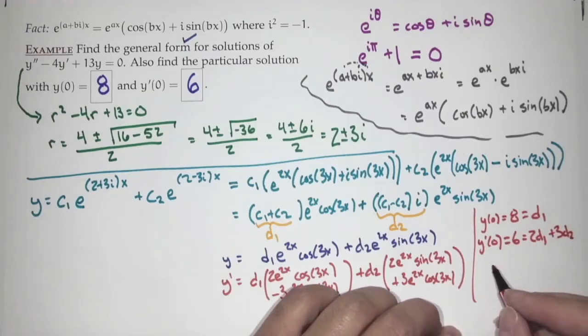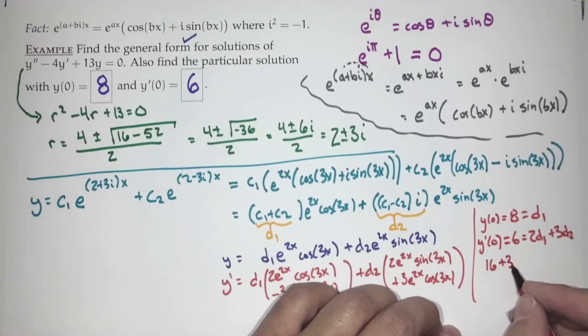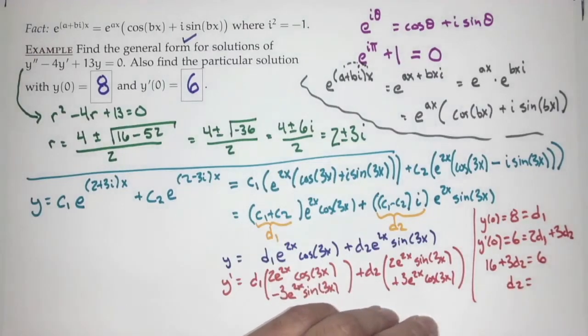Okay, for d2, well, we know d1. So we can say, for instance, 16, which is 2 times 8, plus 3 times d2 equals 6. So what does d2 equal? Yeah, subtract 16, divide by 3, negative 10 over 3. Negative 10 thirds.